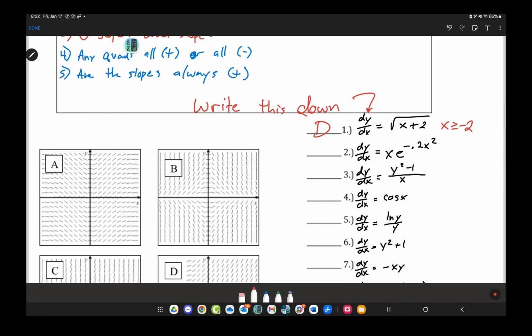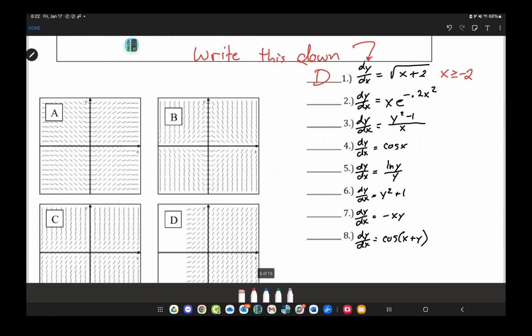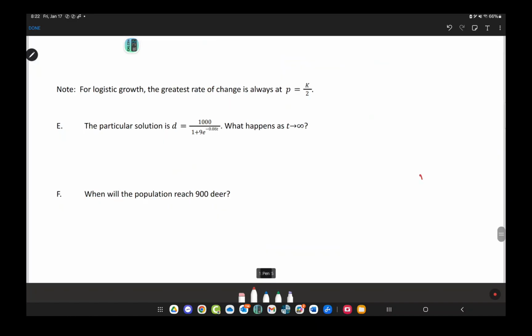It could be 5 or 6, because those are functions of y. But it has to be 5 because in number 1, y is in the denominator, so y can't be 0. But in number 2, y is also in the natural log, and what can you not have in a natural log? Negative.